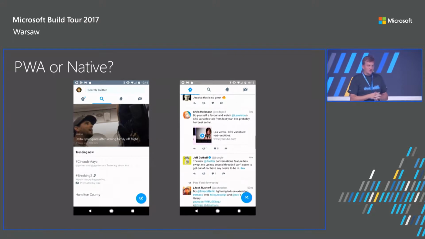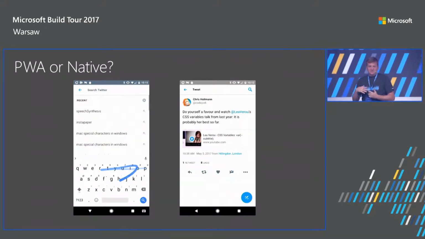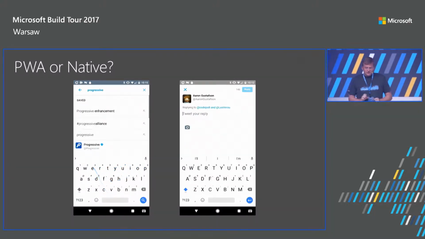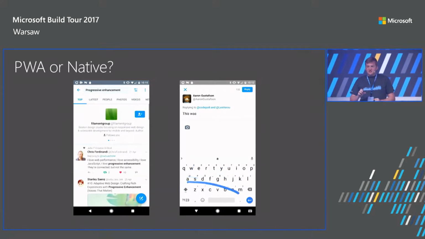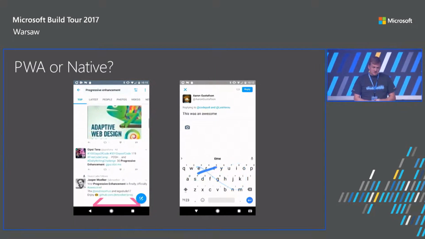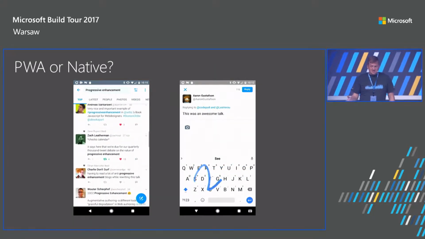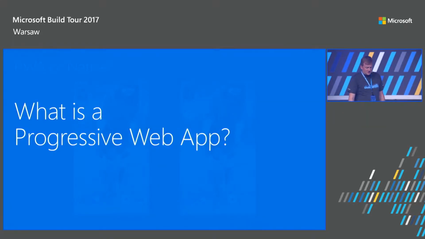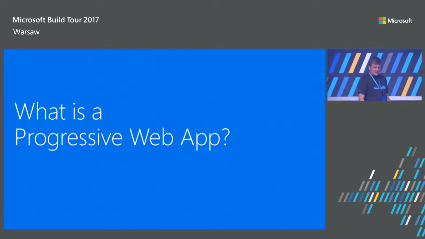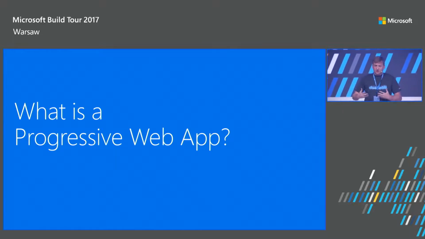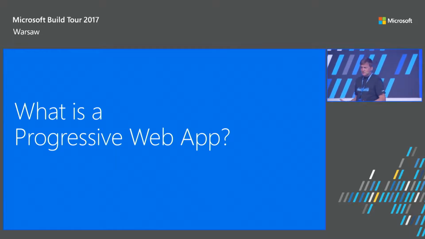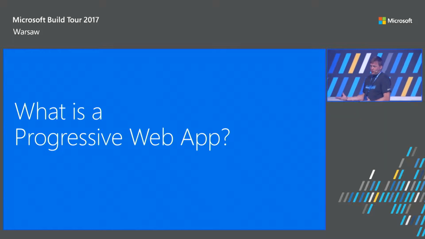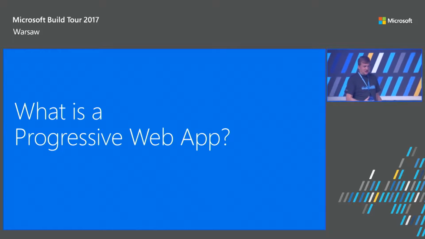They're both equally as quick. They have the same features. The only difference between these two is that one is built with web technologies, and the other is written as a native app with Java. So we're going to talk about progressive web apps today and how we can use our web technologies to build applications that work like native apps across platform.